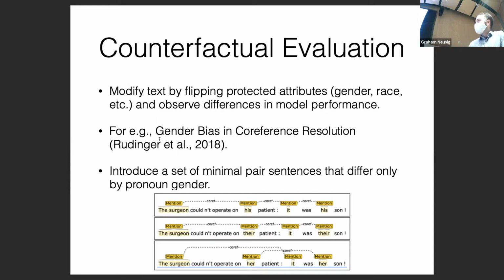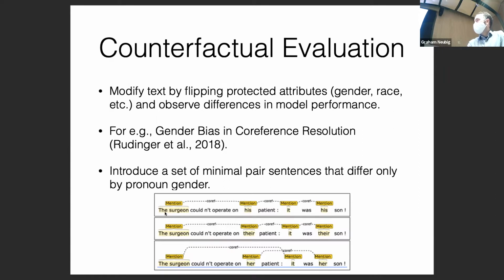The way this works is you modify text by flipping protected attributes and observe the differences in model performance. So this particular example is in a task of co-reference resolution, which is basically trying to identify which thing refers to which other thing.